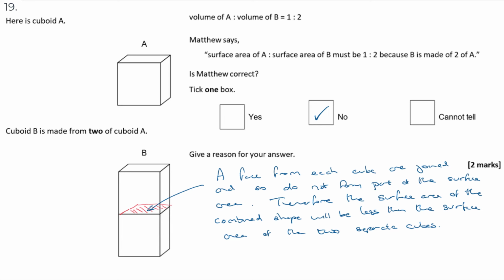Okay. Oh, I wrote cubes. It should be cuboid, I guess. Let's just change that. Make it a bit more accurate. So it should be cuboid, shouldn't it? They're not cubes. Cuboid. Okay. I think that will do.